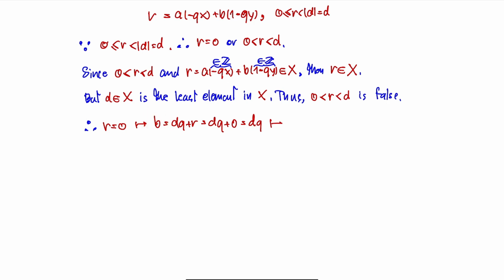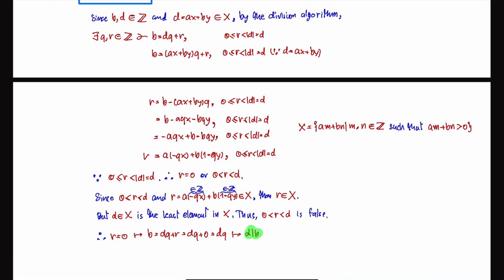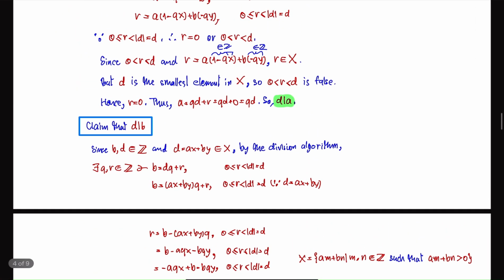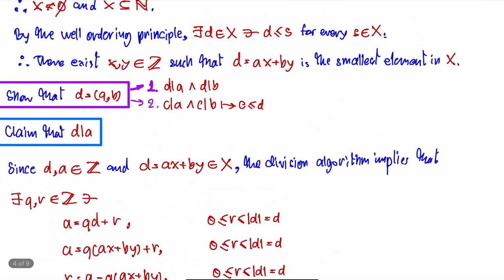That means that d divides b. So right now we have shown that d divides b and d divides a. So the first part is proven already.